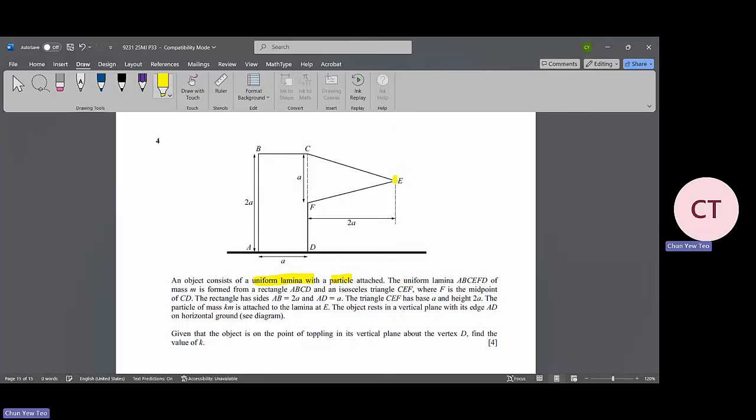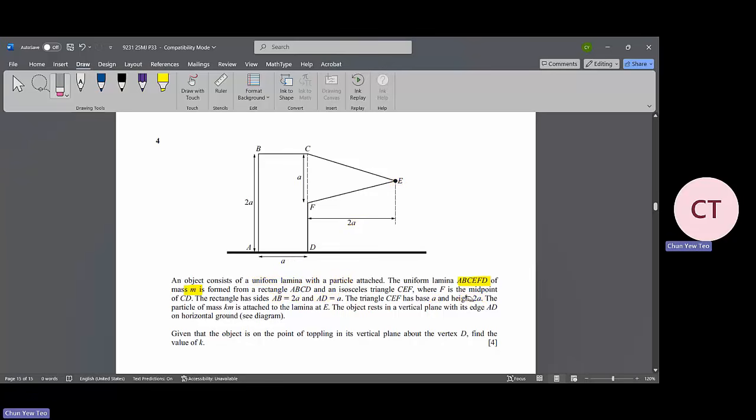The uniform lamina ABCEFD of mass M is formed from the rectangle ABCD and isosceles triangle CEF, where F is the midpoint of CD, and the rectangle has AB equal to 2A and AD equal to A. The triangle CEF has a base of A and a height of 2A. Everything is already given in the diagram, so nothing special over here.